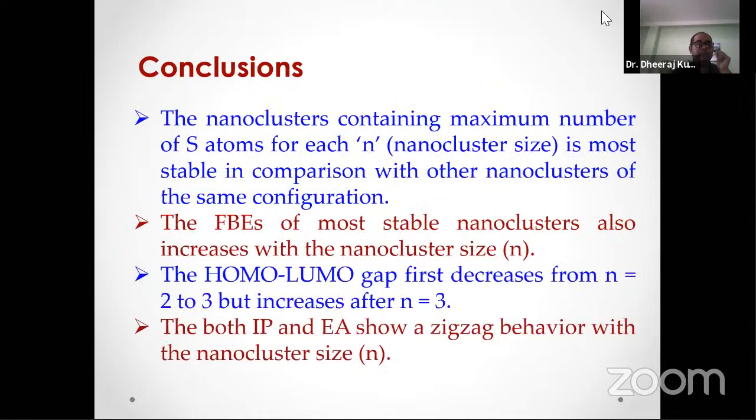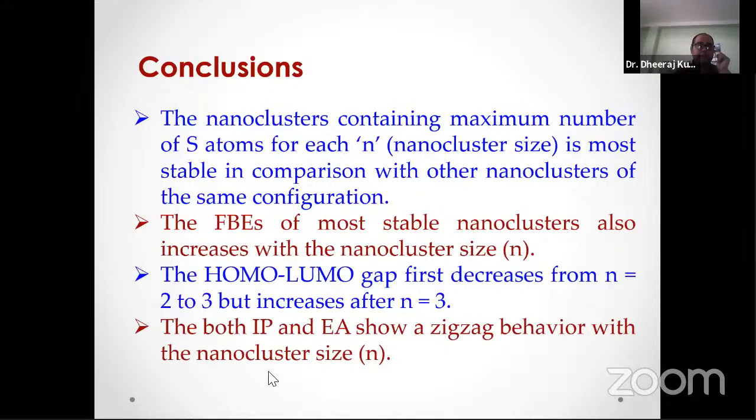So finally, on the basis of this computational study, we conclude that for zinc sulfide systems, the nanocluster containing the maximum number of sulfur atoms for each size is most stable in comparison with the other nanoclusters of the same configurations.